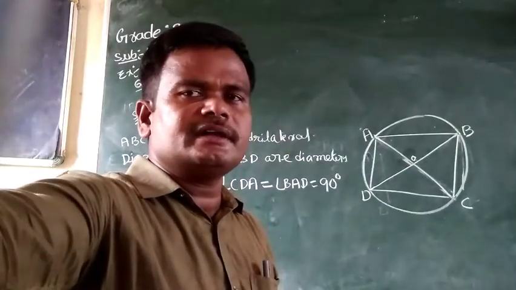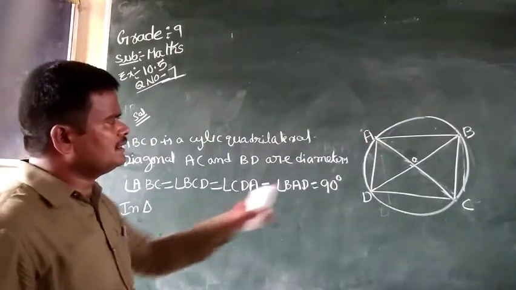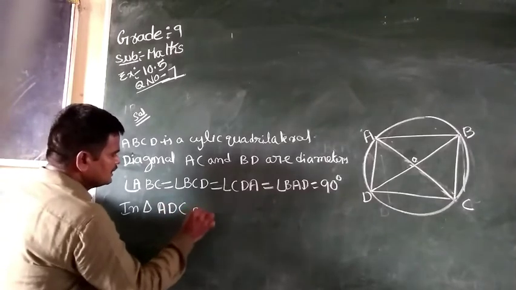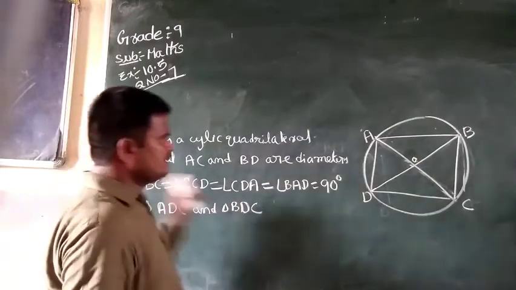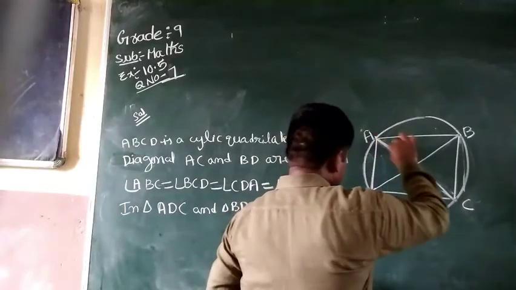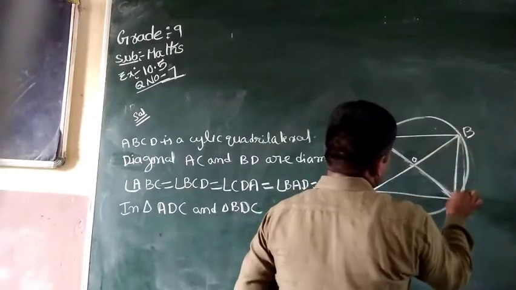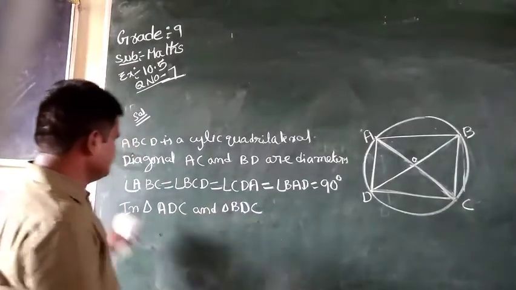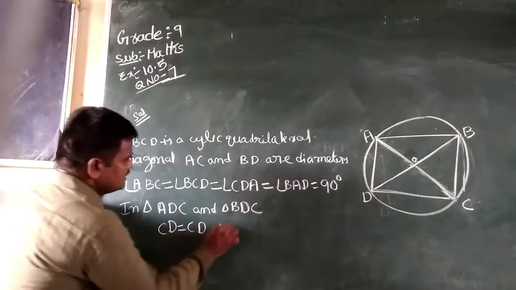You need to prove this in triangle ADC and triangle BDC. Take these two triangles: triangle ADC means this triangle, and triangle BDC means this triangle. In these two triangles, CD equals CD, it is common.